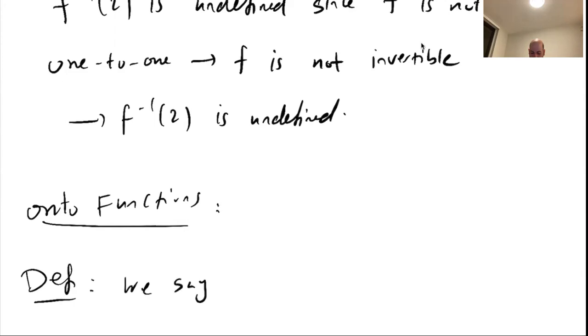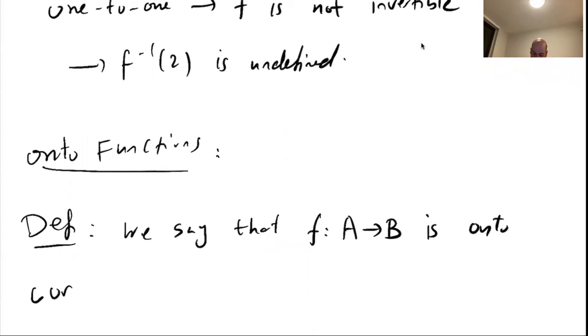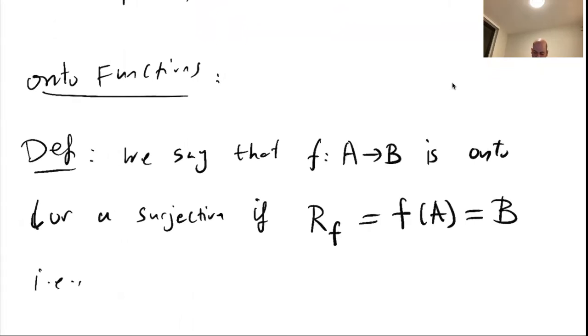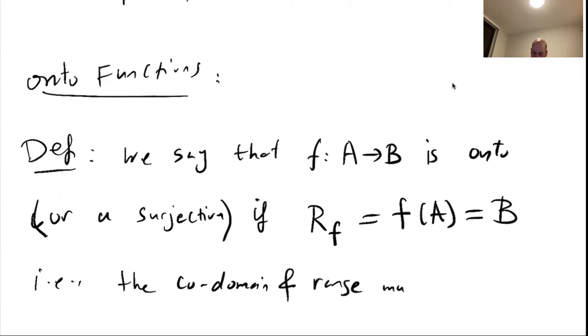We say that f from A to B is onto, or a surjection, if the range of f, which we also denote with f of A, is equal to B, i.e. the codomain and range must be equal.